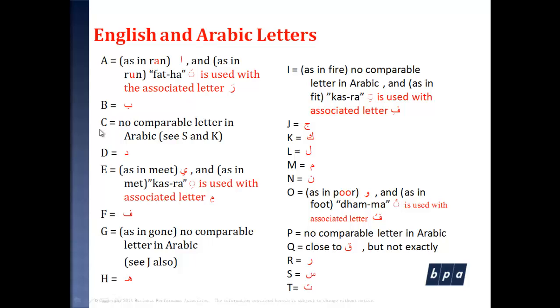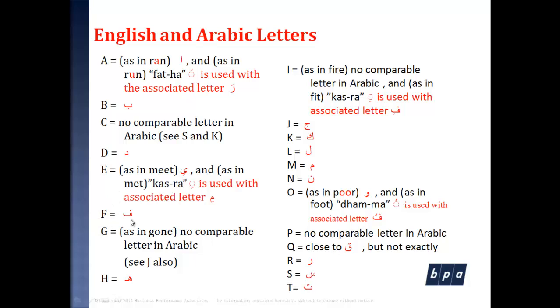Letter C has no comparable letter in Arabic. The letter D has the letter dal in Arabic, or da, with this, as it sounds with a fatha. The letter E has the letter ya in Arabic.